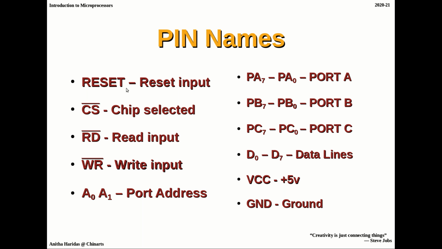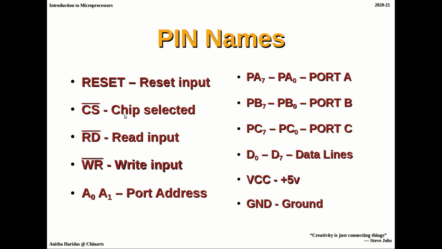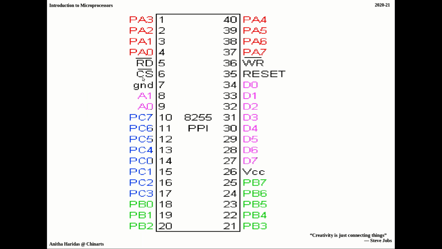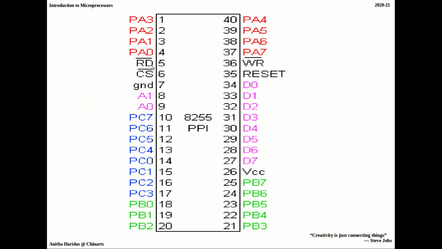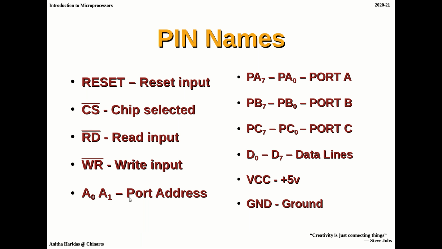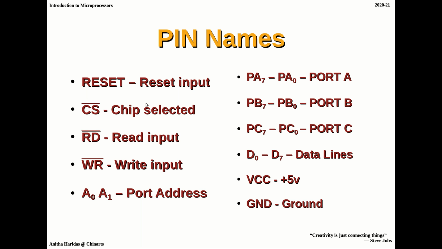We have the reset input. Chip select line. Then we have the read input and the write input. Then we have port addresses A0 and A1. A0 and A1 are the port addresses which are used for selecting the ports.